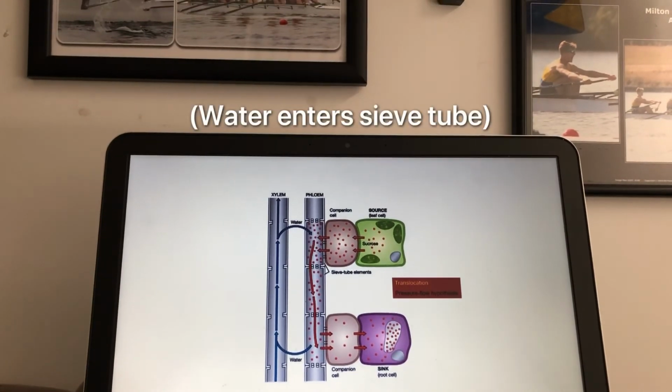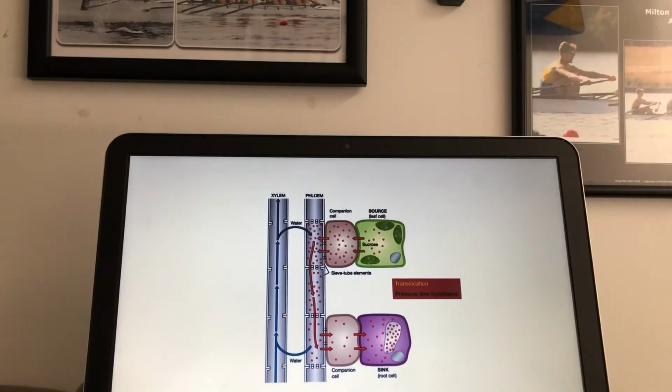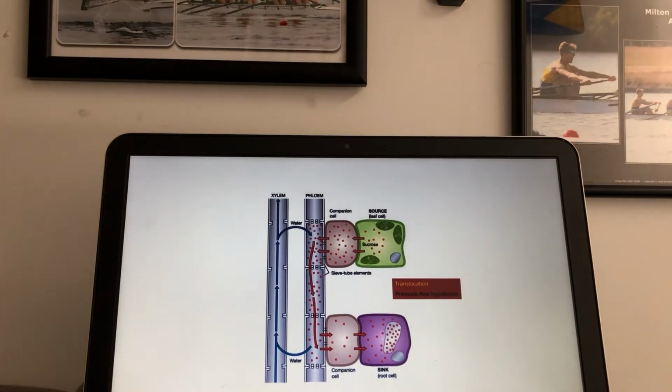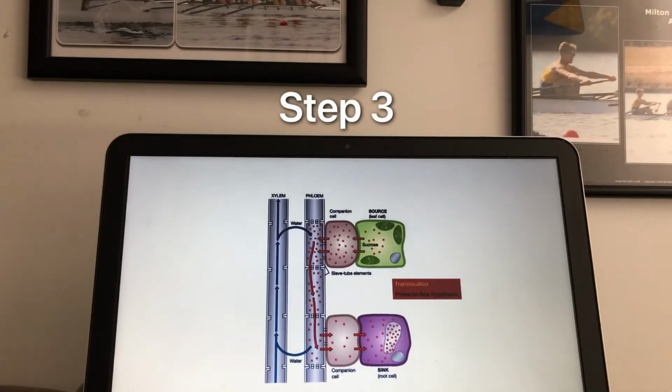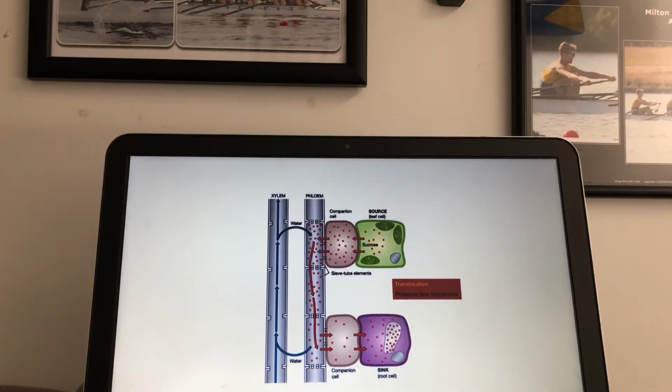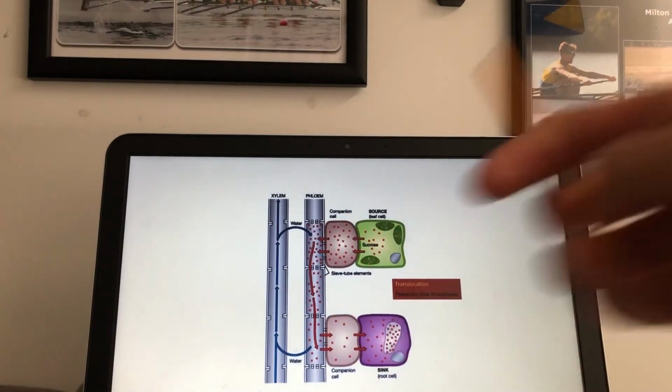Water may enter through the xylem, as shown in here, or other surrounding tissues. Turgor pressure will increase, which essentially means that there's more water in the same amount of space, and as a result, sucrose is pushed into lower regions of pressure, as shown by this red arrow here.